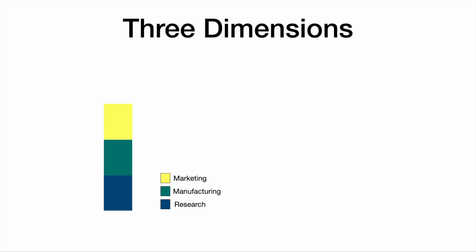Another issue is that instead of using 1 dimension, or 2 dimensions, we can really push the boat out and go to 3 dimensions, which makes things even worse again. So here in this stacked bar chart, we can see that manufacturing, research and marketing are roughly equal in expenditure.